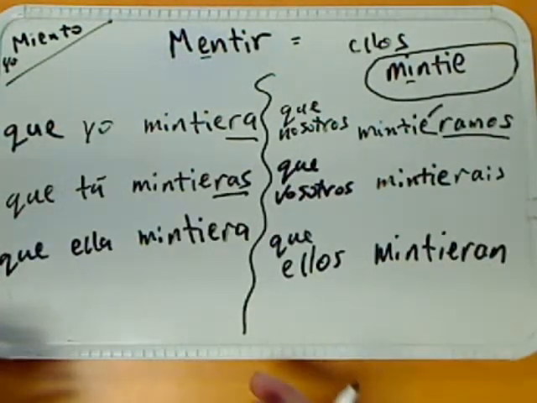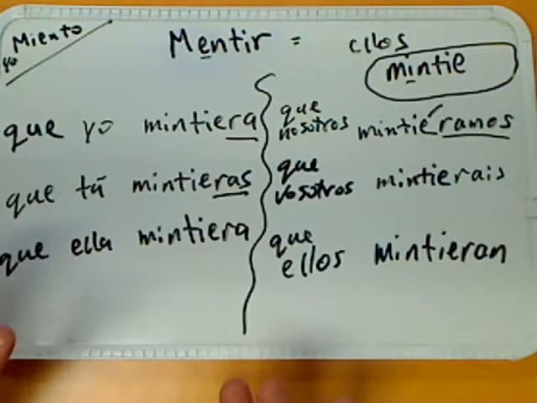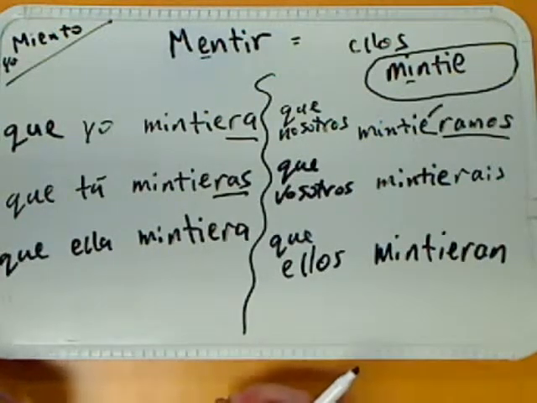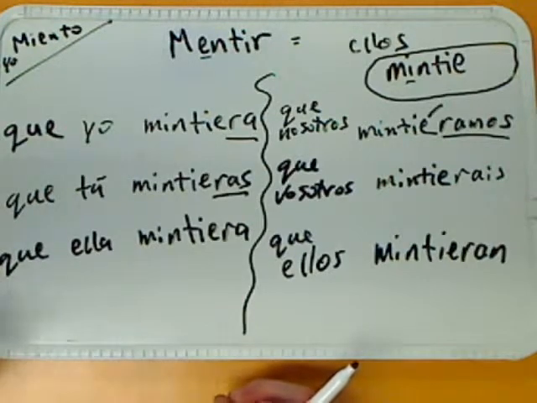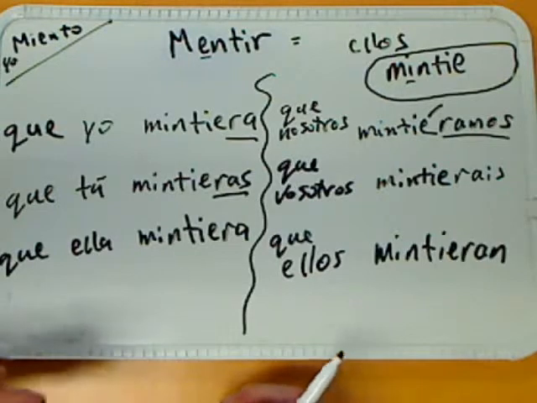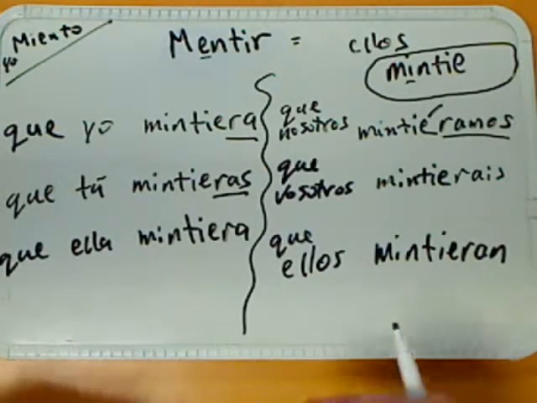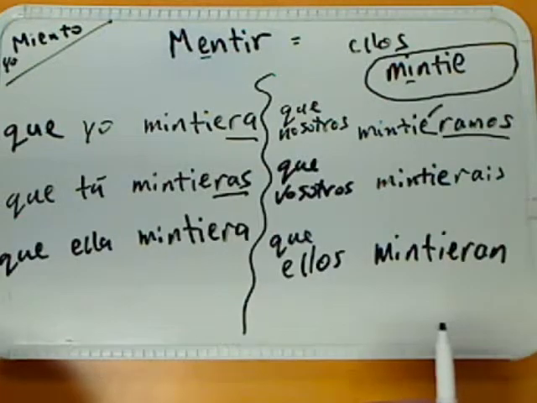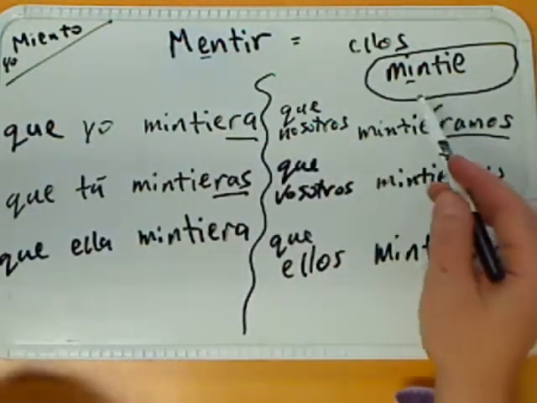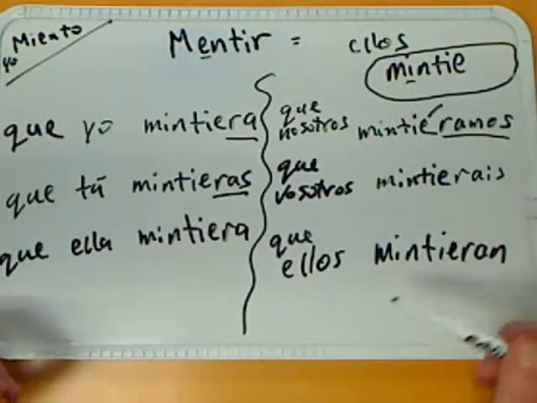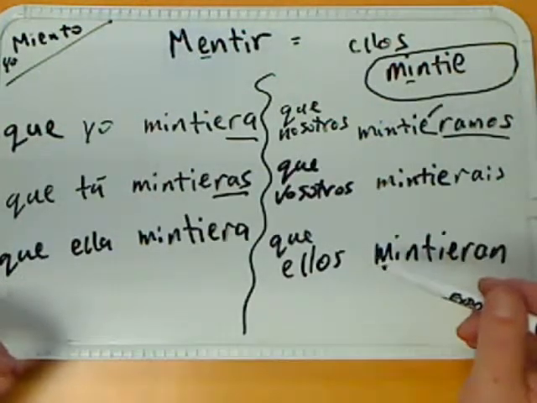mintieran. Again, the reason I chose this verb, it's important, is that it is an IR, stem changing verb in the present tense. The fact that it is in the present tense tells us that in the preterite it is a slipper, or what I like to tell my students, a basement verb, meaning that E in this case is going to change into an I in the ellos, ellas, ustedes preterite conjugation and in the él, ella, usted preterite conjugation.